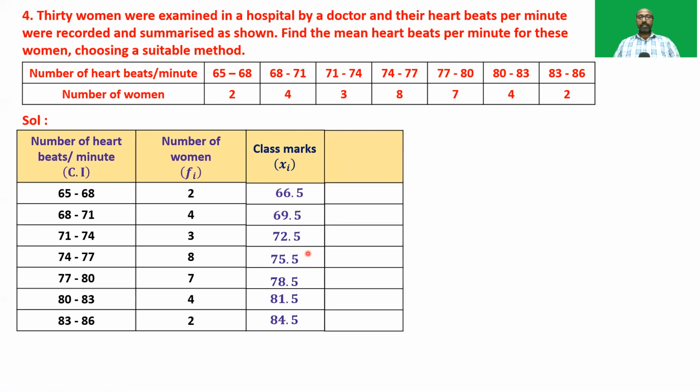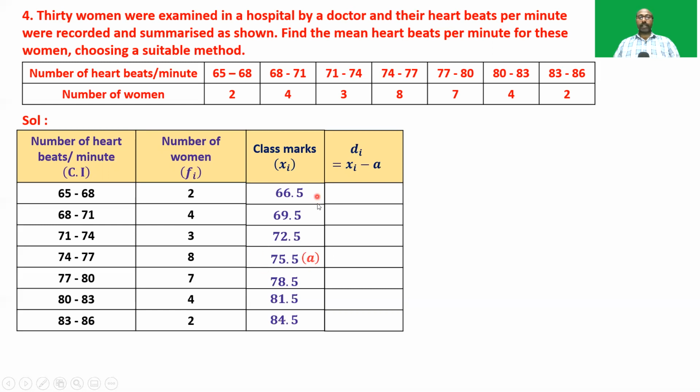Now take di is equal to xi minus a, where a is the assumed mean. Let us take the middle one in these class marks, that is 75.5, as the assumed mean. Now count the deviations of class marks from this assumed mean.